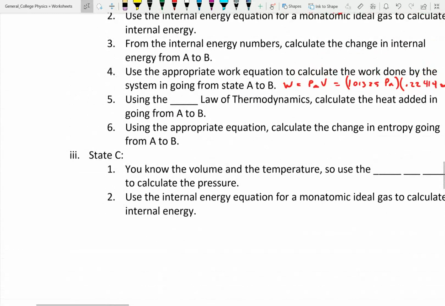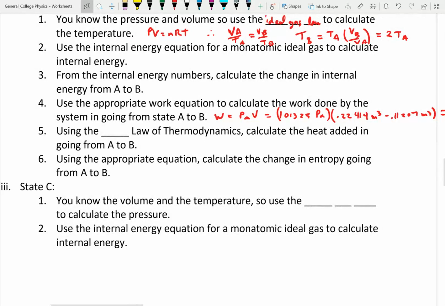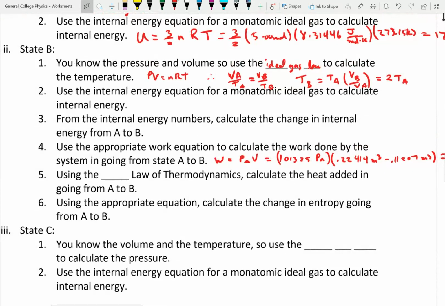Continuing on, using the first law of thermodynamics to calculate the heat added. Well, this is an isobaric process.